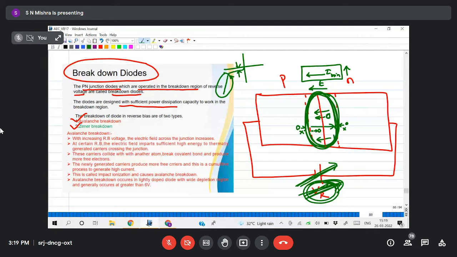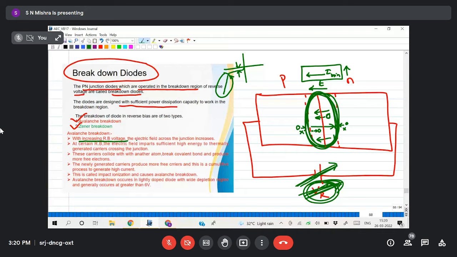The process of generating the carriers is cumulative in nature. That means one electron will generate 2, 2 will generate 4, 4 will generate 8, like that it will continue. During that process, a large number of carriers are generated and that will increase the leakage current. So that was written here.